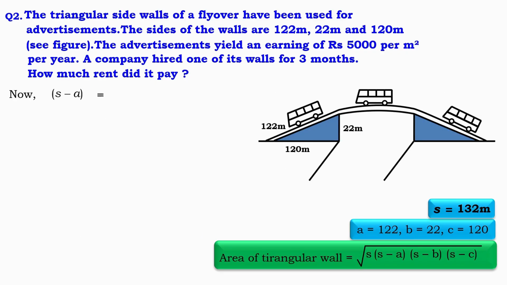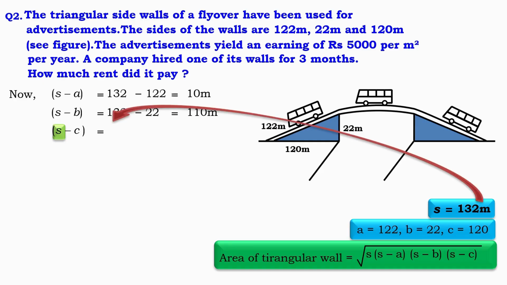Now S minus A will be equal to 132 minus the value of A, so that is 10 meter. Similarly, S minus B is 132 minus 22, which is 110 meter.